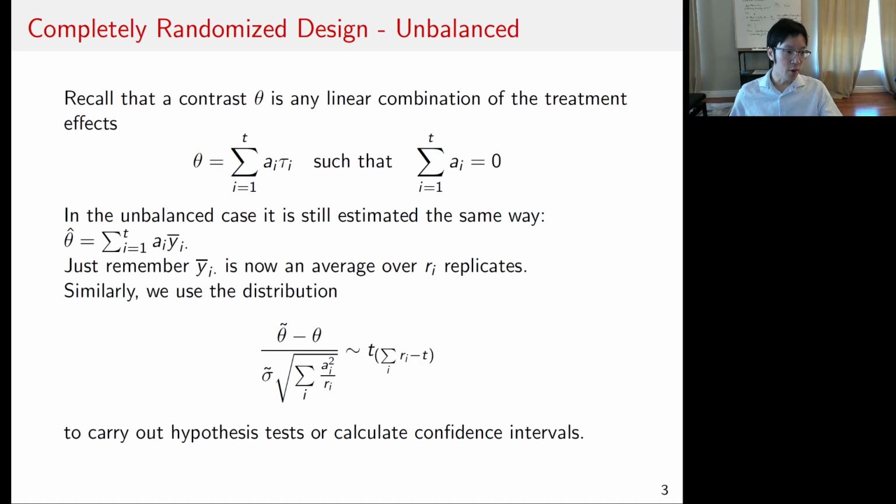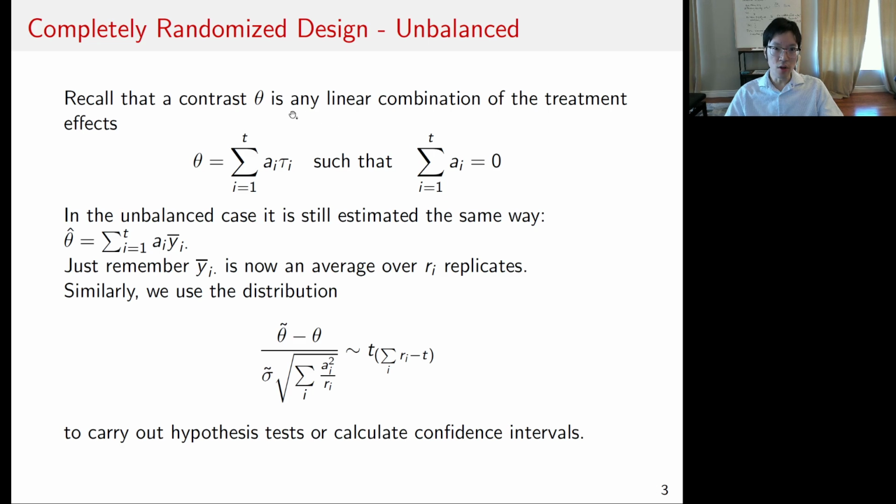We use the unbalanced case to also illustrate how we do tests of contrast. So this is a good time to quickly review what a contrast is. It's a linear combination of treatment effects. The treatment effects are these tau i's, and the contrast specifies certain constants, a i, such that they sum to 0.